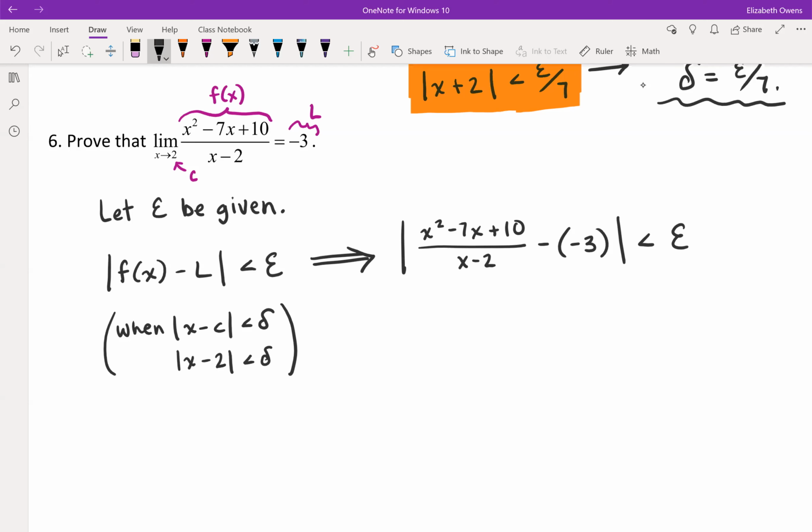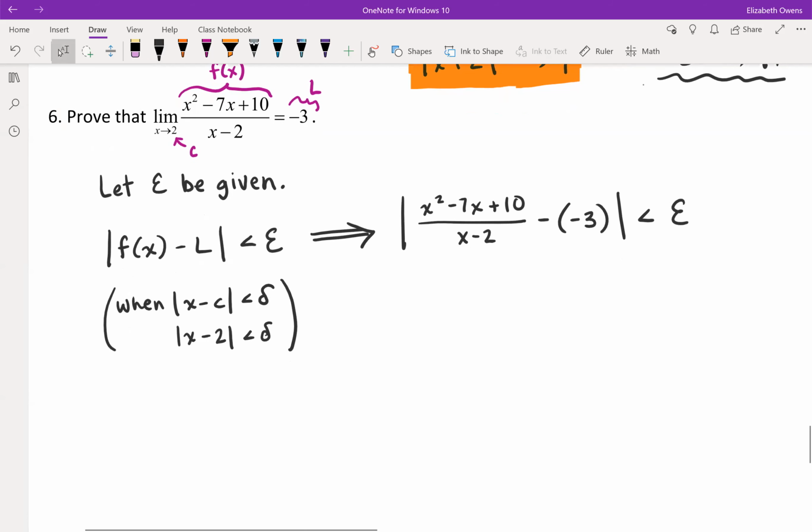There's a couple different things that you could do, but probably one of the ones that might spring to mind would be to factor and cancel this rational term there. Or at least factor the numerator, see if the denominator's going to cancel. We'll see about it.